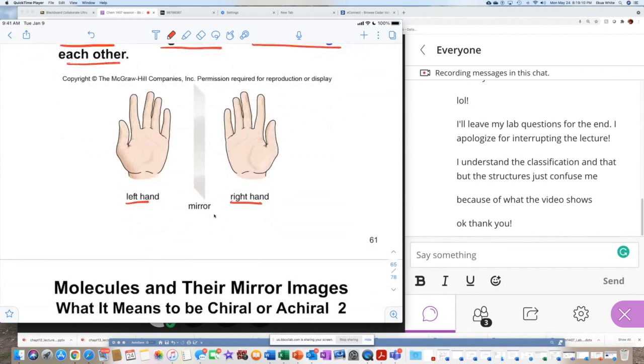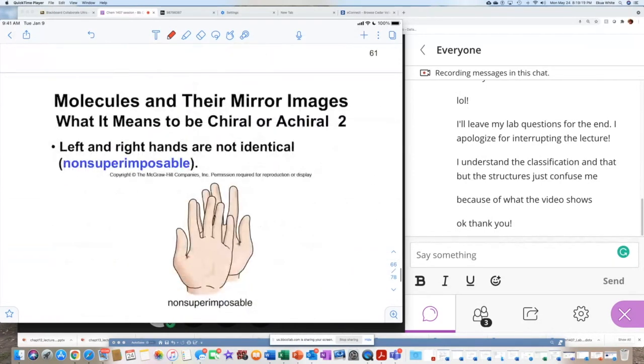The thumb is in the mirror image position of the other thumb, right? But if you take your right hand and your left hand and try to superimpose them, lay one on top of the other, they're not superimposable. What do they mean by that? They mean that the thumbs do not end up on top of each other. So even though they are mirror images, they're not superimposable.